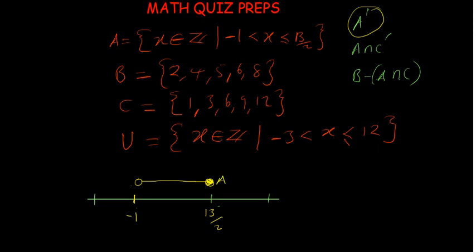Now let's go to our set B. Our set B, these are elements. This is not a range. So in the set B, we've got 2, we have got 4, we have got 5, we have got 6. 13/2 is about 6.5. So that means our 8 is going to be in front here.